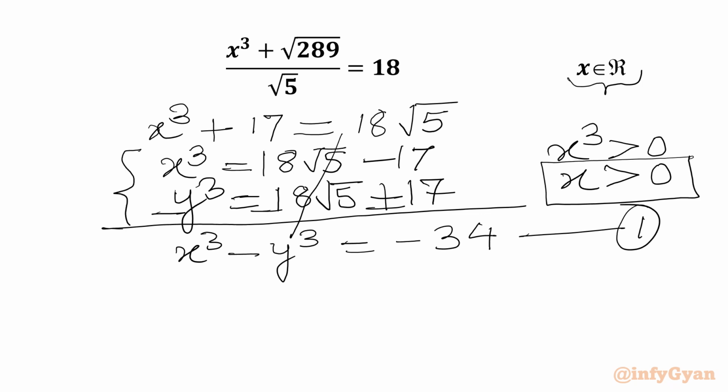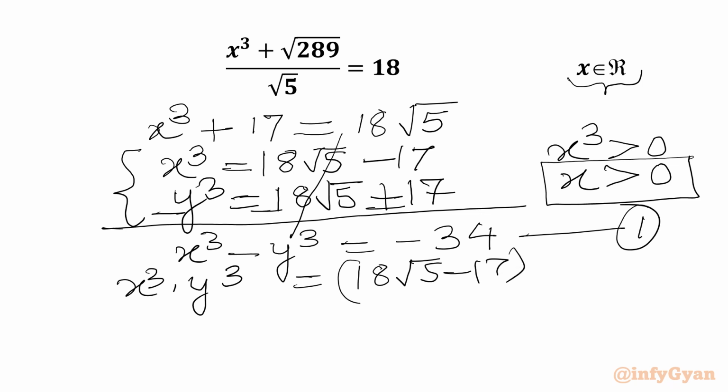Now I will multiply these two. So I can write x cube times y cube. This will be equal to 18 root 5 minus 17 times 18 root 5 plus 17. So a minus b times a plus b.